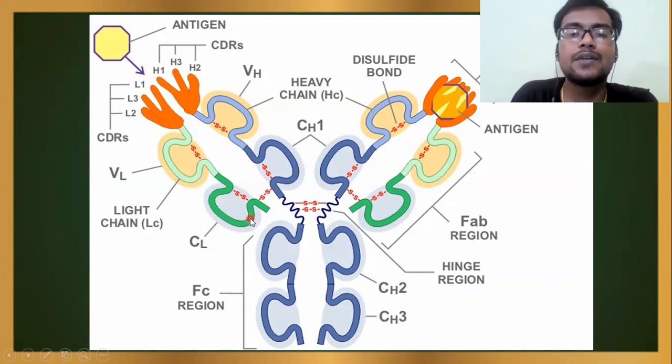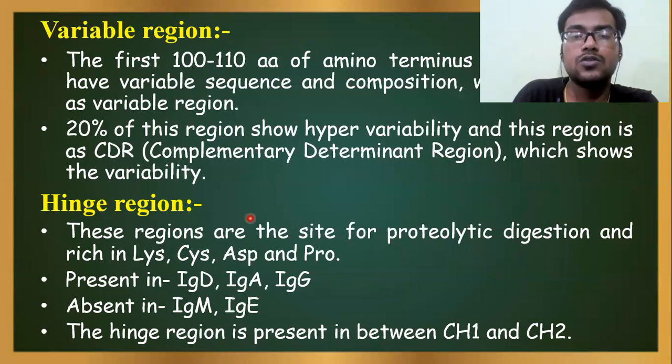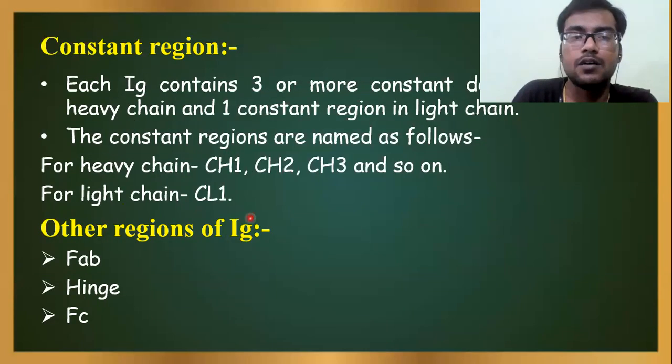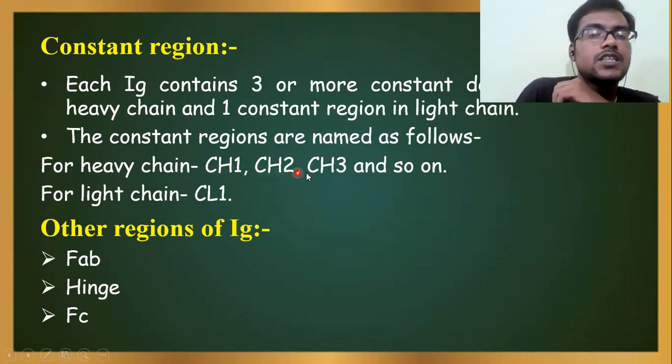In heavy chain, that may vary from 3 to 4 in number. For heavy chain, that can be written as constant region of heavy chain 1, 2, and 3. For light chain, that can be mentioned as constant region of light chain 1.